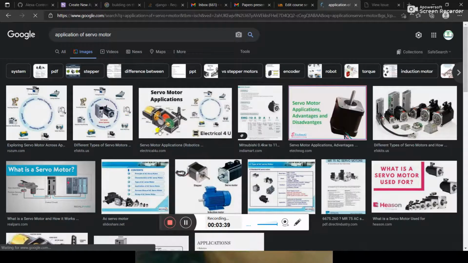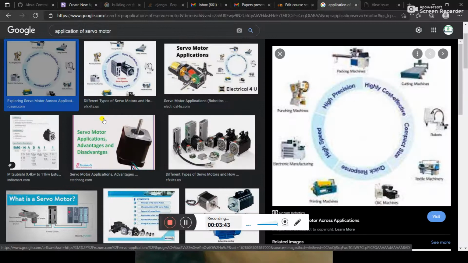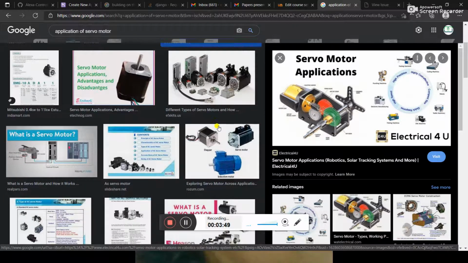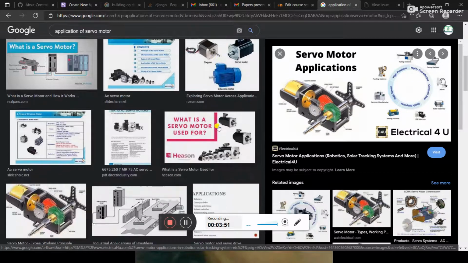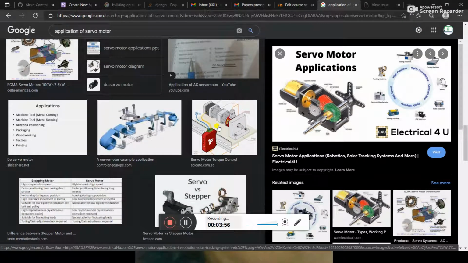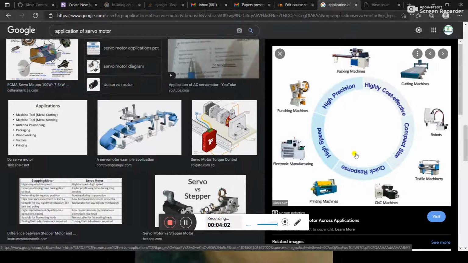It is used for many purposes, mostly robotics, and it is also used in drones, cutting machines and robots.